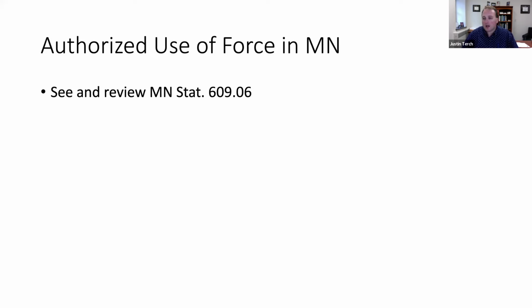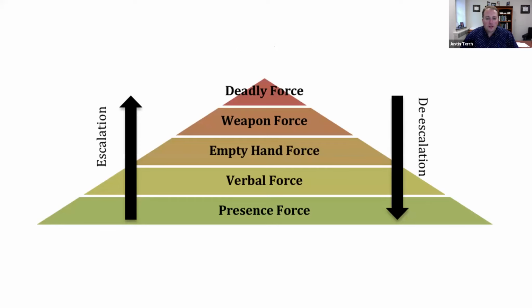It's about a page long, and we're going to go over a lot of the details, but I want to make sure that you actually read it and take a look at it. This is, I think, the best representation for our purposes of the use of force continuum. Sometimes you'll see it in a little step diagram, but this one I like because it shows the escalation and de-escalation.